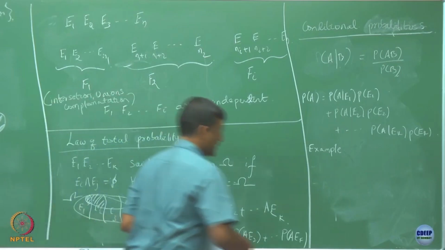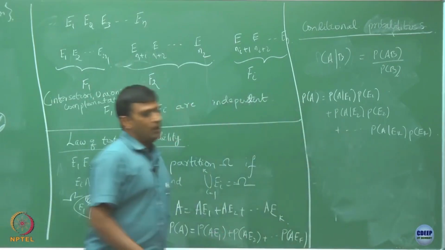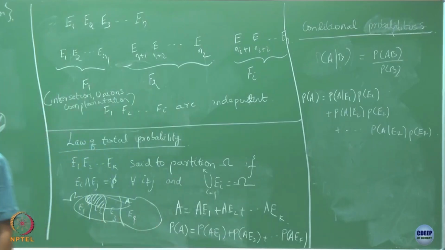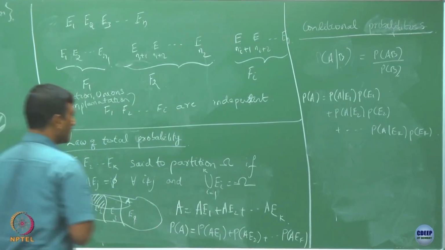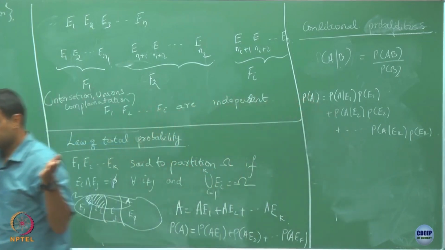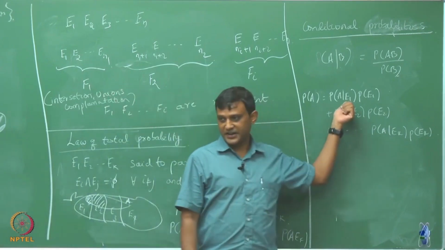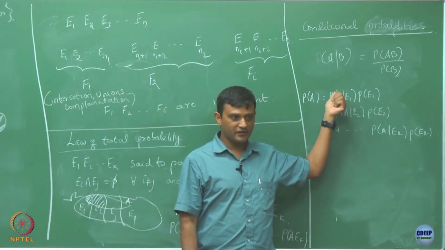Okay, before I write an example, let me give something called Bayes formula. Here I have told you that to compute P of A, you need to know, conditioned on E1, the probability of A happening.